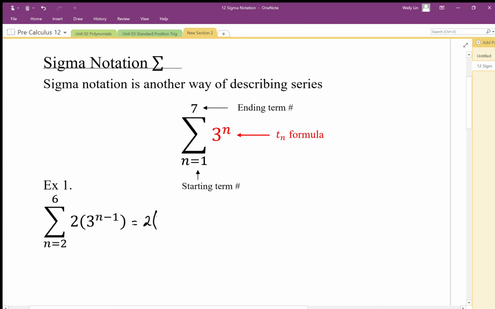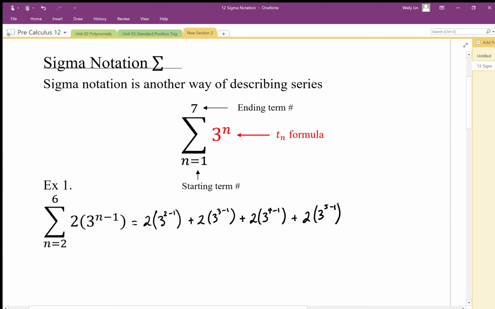So we get 2 times 3 to the power 2 minus 1. That's the first term. Then we're going to go plus, because we're going to add up all the terms in this sequence. The next term is going to be 2 times 3 to the power 3 minus 1, plus 2 times 3 to the power 4 minus 1, plus 2 times 3 to the power 5 minus 1.